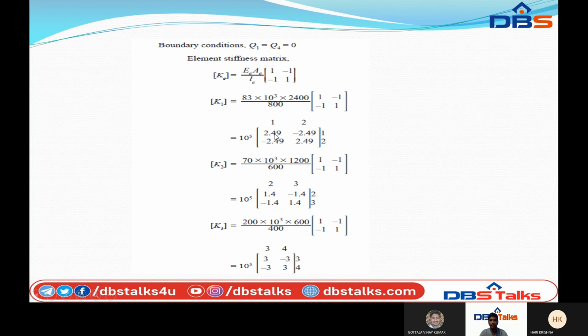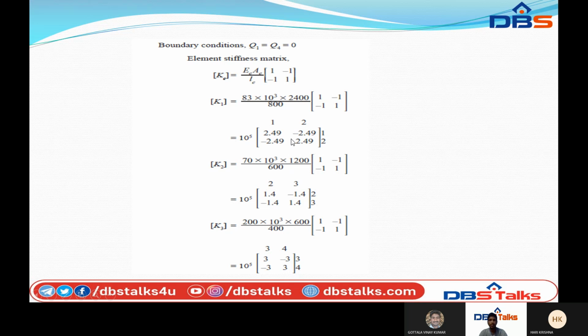It is 2.49. Next K12 will be -2.49. K13 is 0. K14 is also 0.